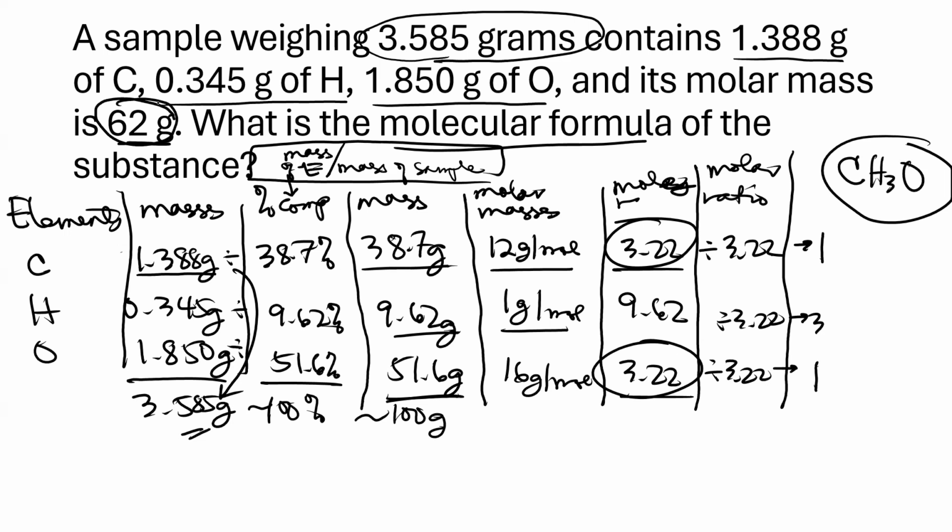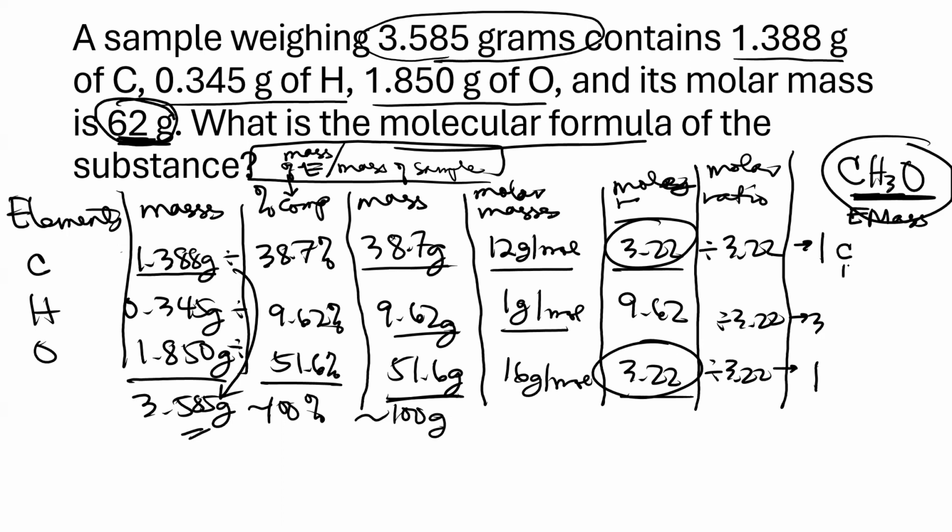However, remember, we're given the molar mass of the compound, right? So again, this is a combination of the first three problems that we had and the previous problem that we calculated. We have the molar mass of the actual compound and we relate it with the empirical mass of this formula, right? First we calculate the empirical mass.